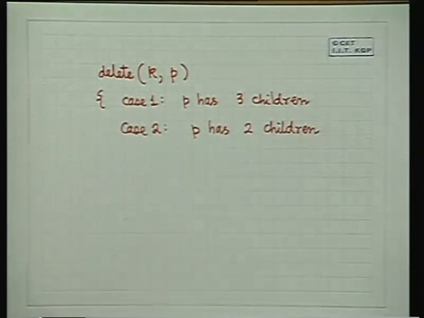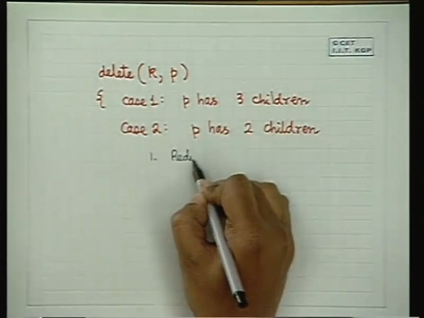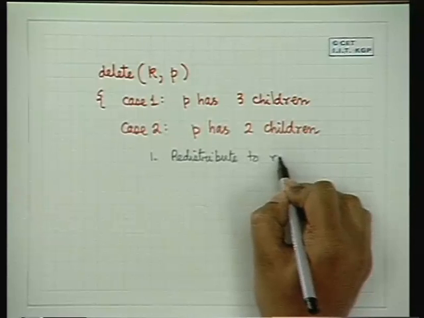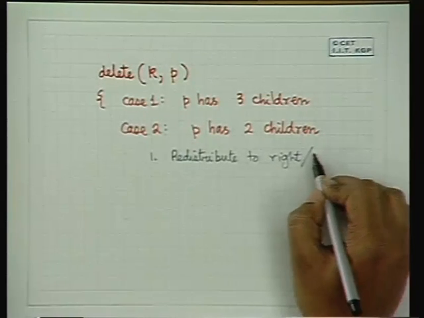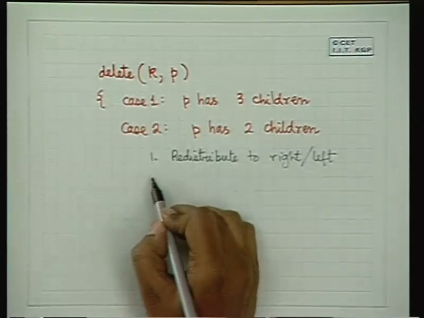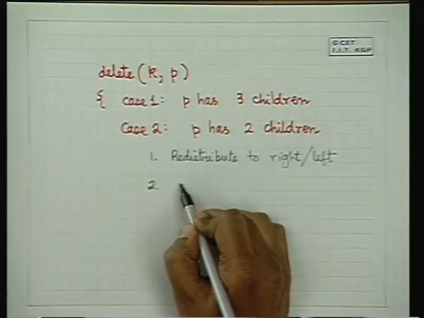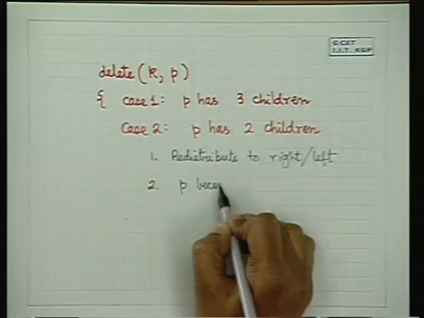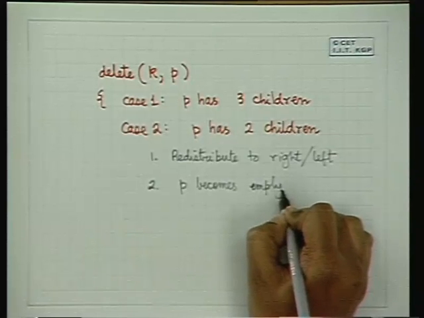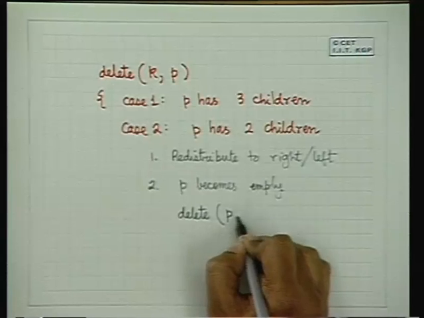And there, first point is redistribute to right or left according to your choice. And then once you redistribute, if you see P becomes empty, there is no children. If P has no children, then what do you do? Delete P in its parent.